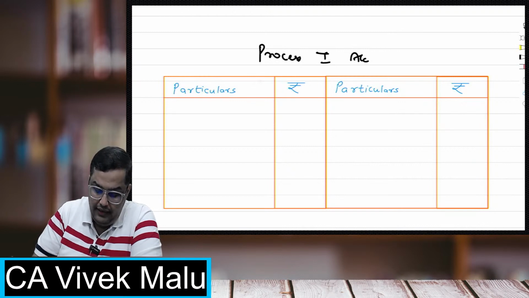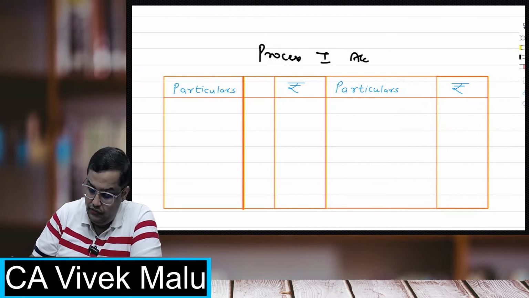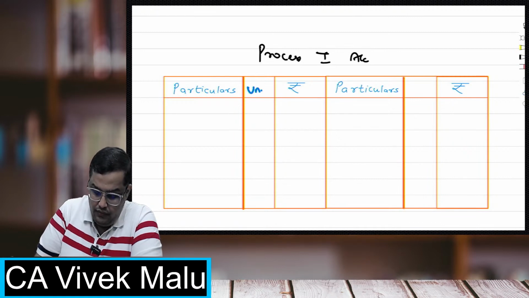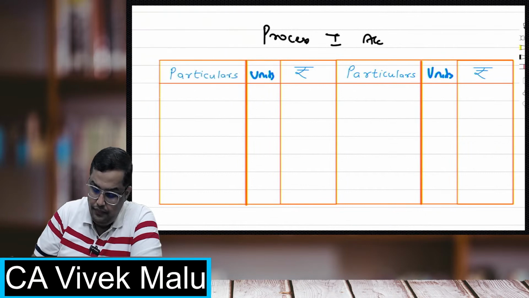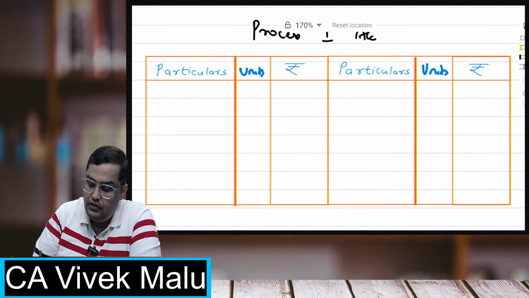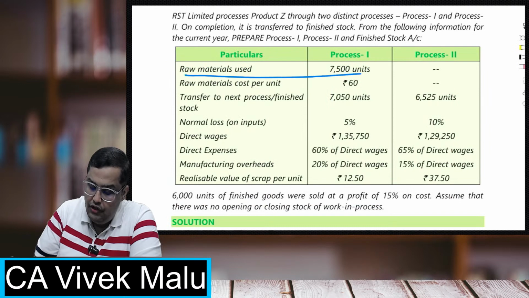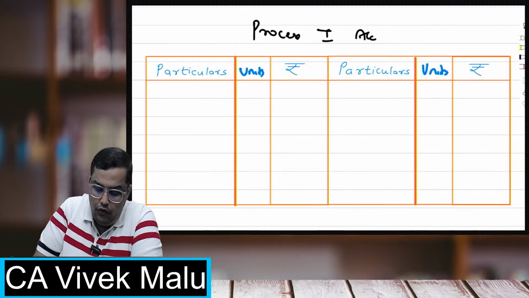I'm adding one more column for units. In process 1, I'm using raw material 7,500 units at the rate of 60 per unit. So obviously I'll write to material control account, or stores ledger control account, it is one and the same.